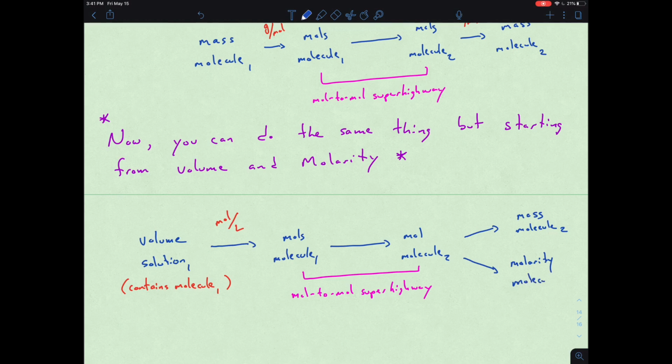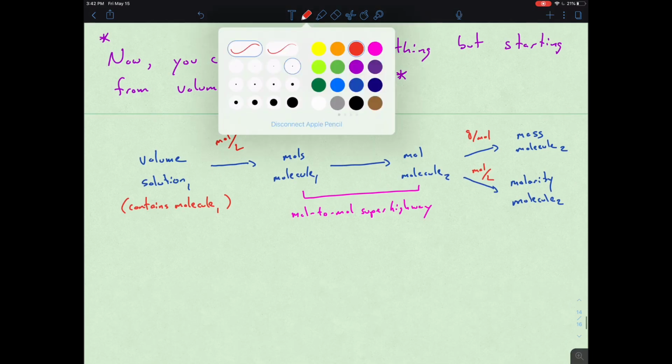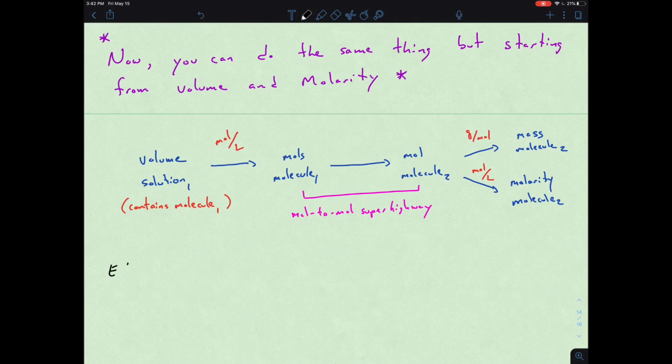So we just have a little bit more now that we can play with in terms of whether we're using grams per mole or moles per liter to have this mole-to-mole interface. So let's do an example of this. It's not too much of a stretch from what we've done prior with chemical reactions.